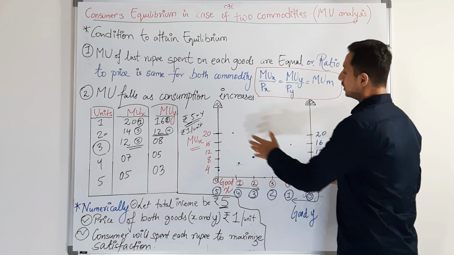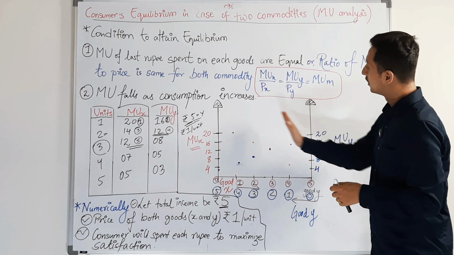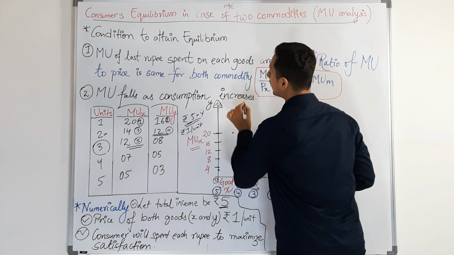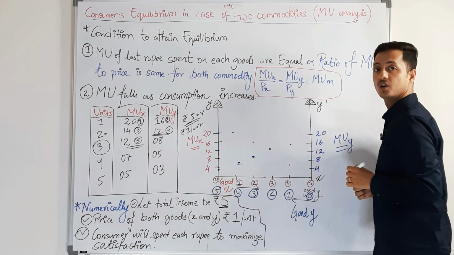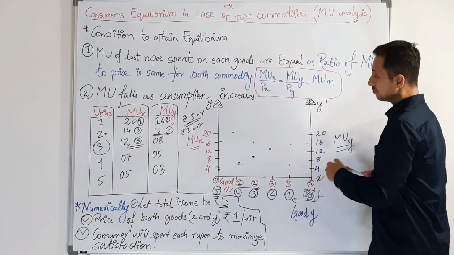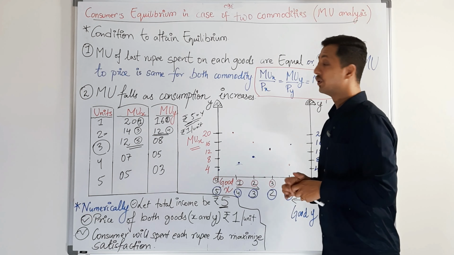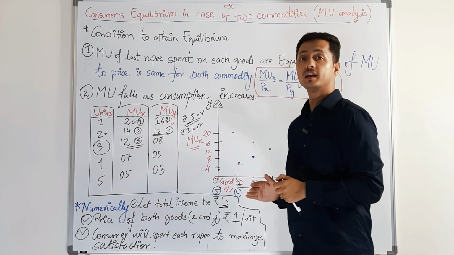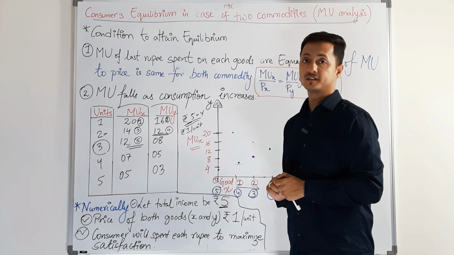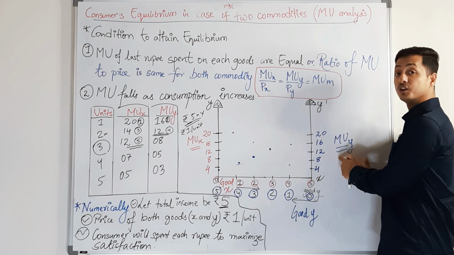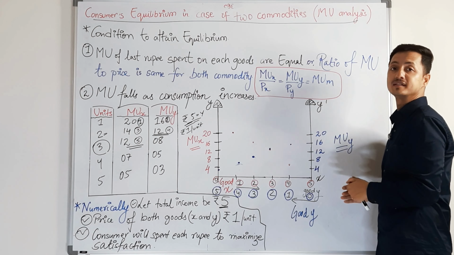Now this graph is a little different from the usual graph that we draw. Here there is the Y axis, this is the Y dash axis, this is the X axis. Let the marginal utility of X be represented by the Y axis, and let the marginal utility derived from good Y be represented by the Y dash axis.